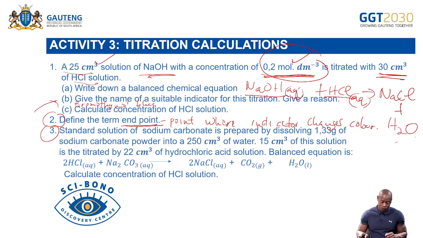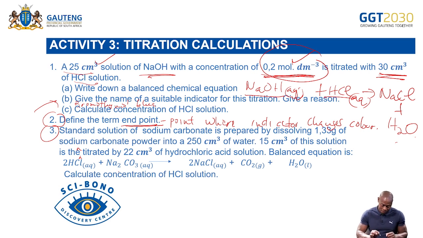A standard solution of sodium carbonate is prepared by dissolving 1.33 grams of sodium carbonate powder into 250 cubic centimeters of water. 15 cubic centimeters of this solution is then titrated by 22 cubic centimeters of hydrochloric acid solution.